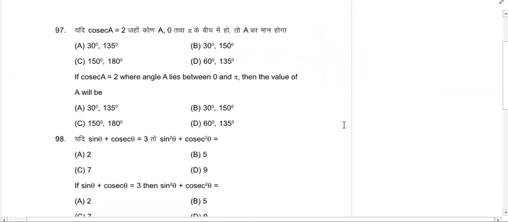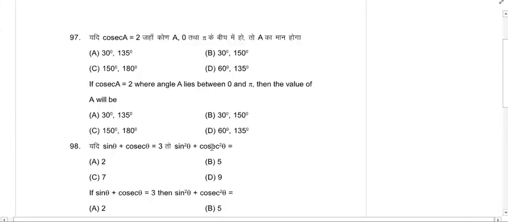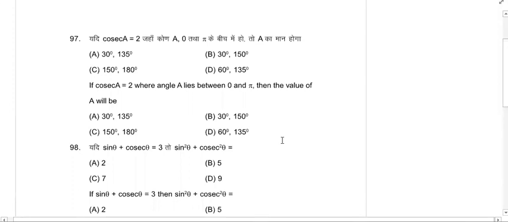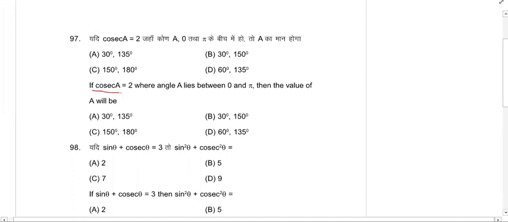Number 97. If cosec A is equal to 2, this implies sine A is equal to half.